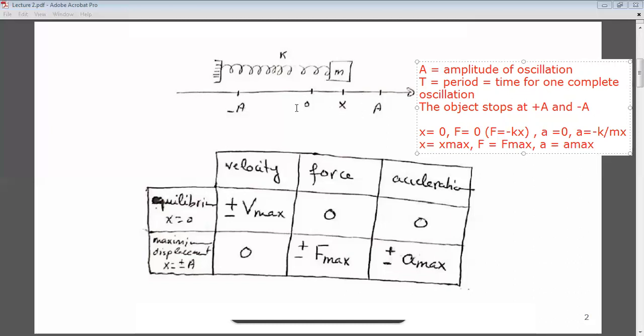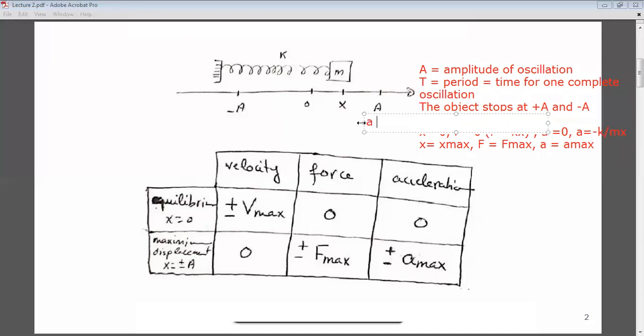And a maximum is also negative. So, sorry, the a will be minus a maximum. At minus A, a is plus a maximum, and at plus A, a is minus a maximum. So this is a quick revision.